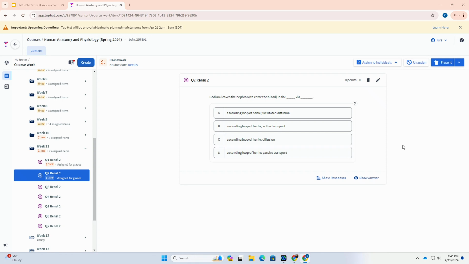Sodium leaves the nephron to enter the blood in the blank via blank. We'll say specifically talking about the salt story for that one.